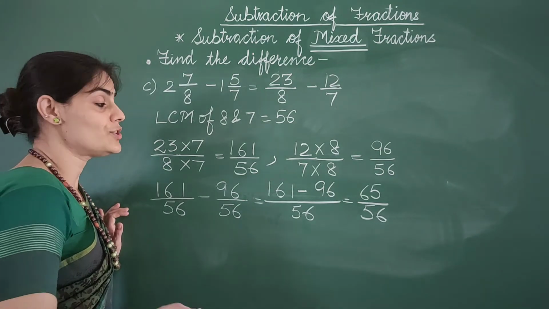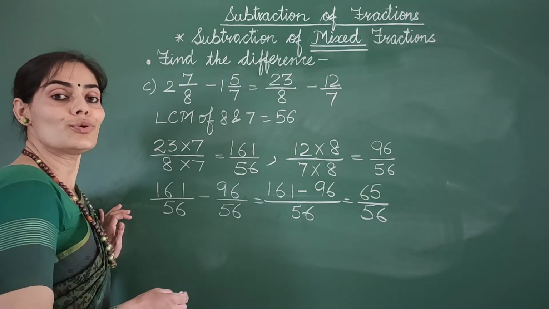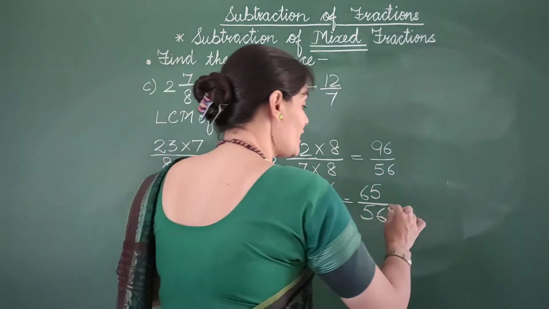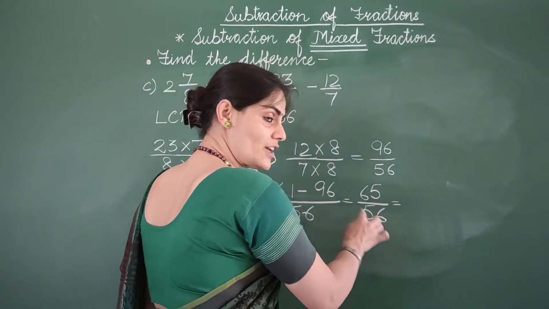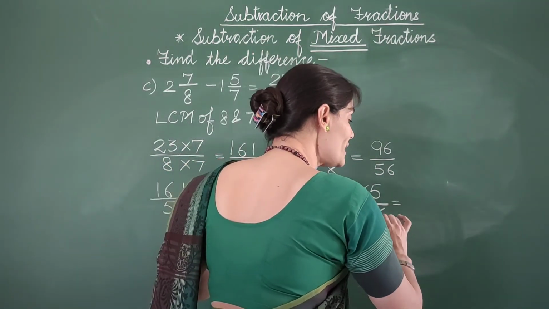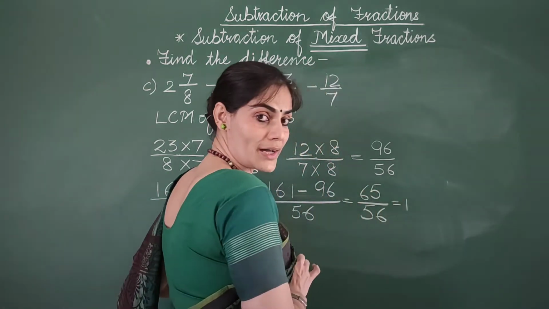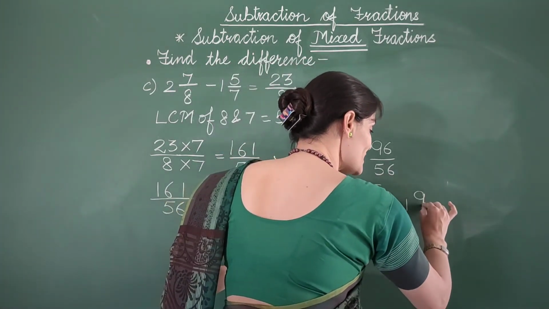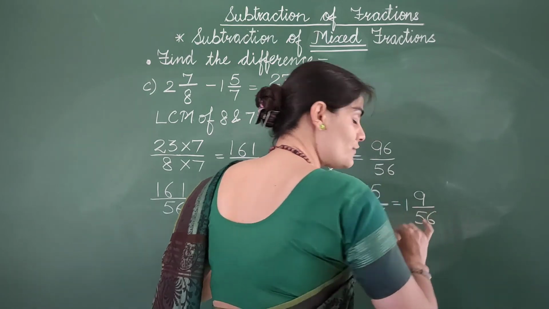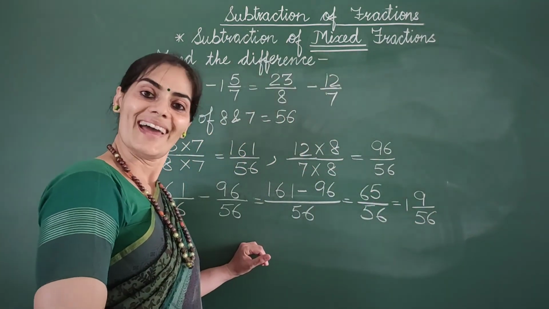And if you want, you can convert it into a mixed fraction. So when you divide 65 by 56, you will get the quotient as 1. The remainder will be 9, so 1 and 9 upon 56 is your answer.